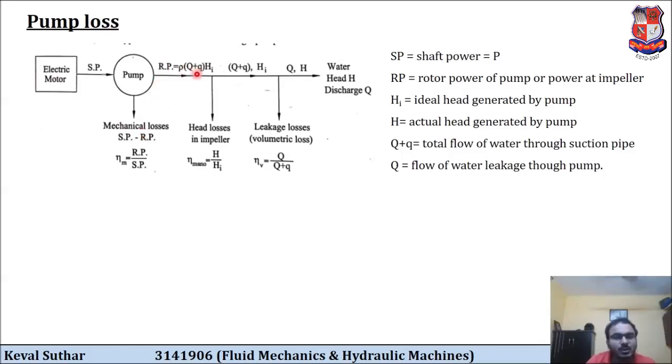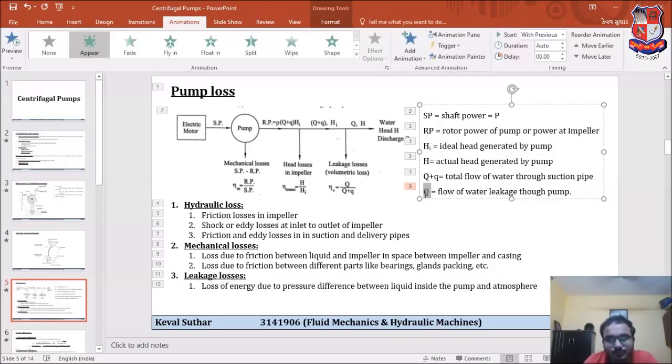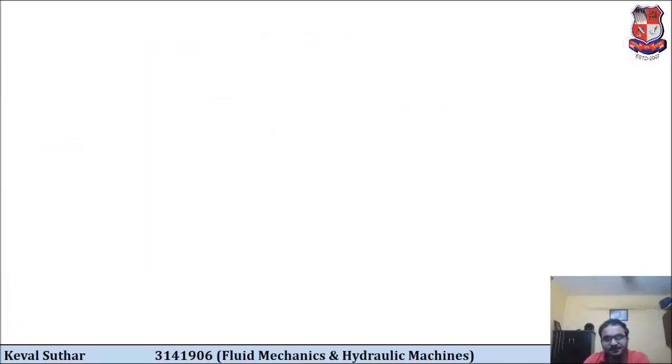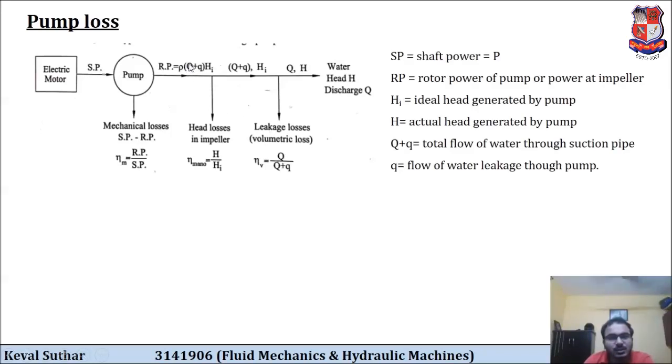So here rotor power is equal to rho g (Q plus q) into HI, where capital Q is the actual or total flow of water, small q is the flow of water leakage through the pump, HI is the ideal head generated by the pump, and capital H is the actual head generated by the pump.